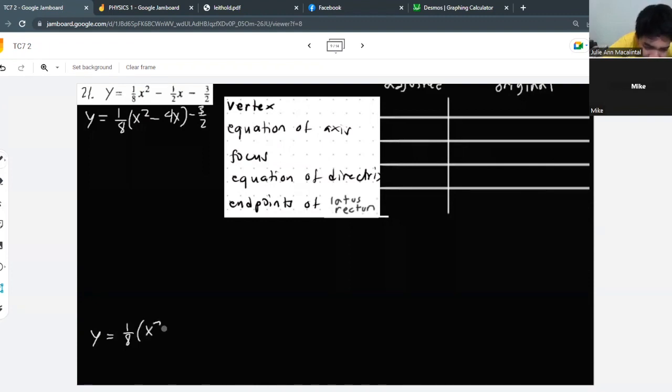So, okay na. So, x prime minus 4x plus 4 minus 3/2. Wait. Paki-check yan. Add and subtract inside the parentheses.